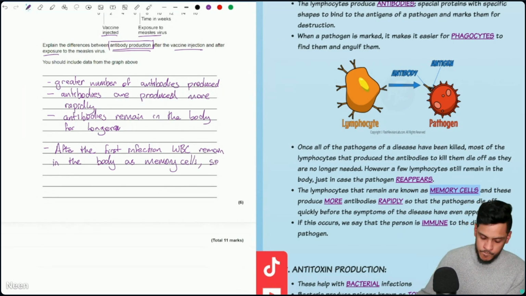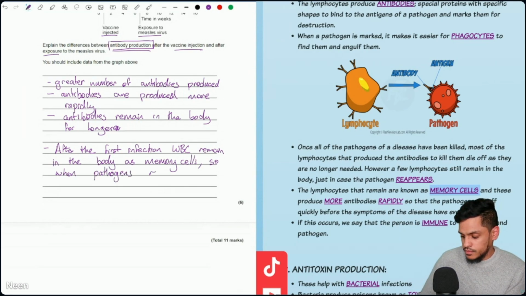So when the pathogens reappear, they are rapidly reproduced.